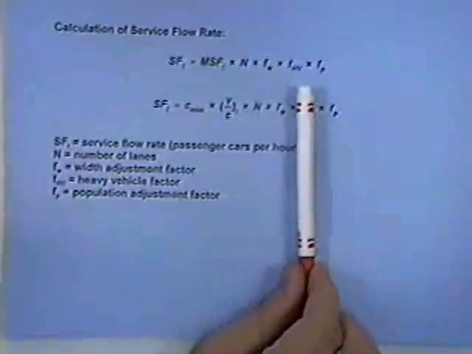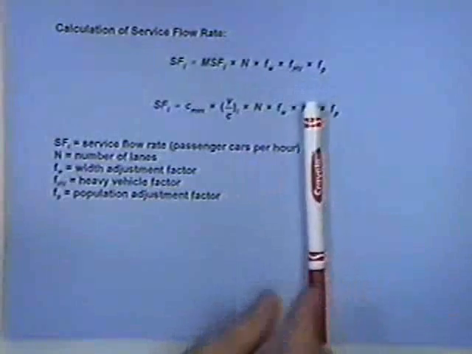And then we have what's called a population adjustment factor, which accounts for whether you've got primarily commuters in your traffic stream, or a lot of visitors or out-of-town people. Typically, commuters would drive closer together than visitors would, and you could accommodate more vehicles if it's primarily a commuter stream. So what we're doing there is adjusting.